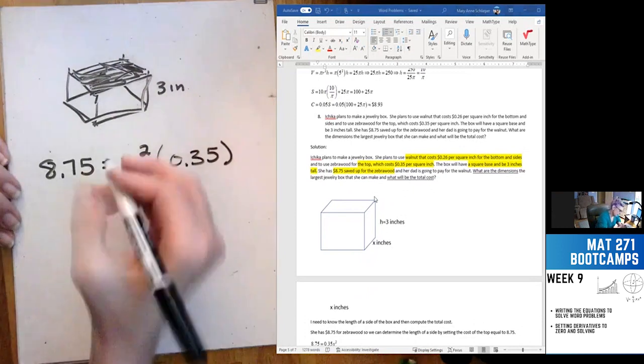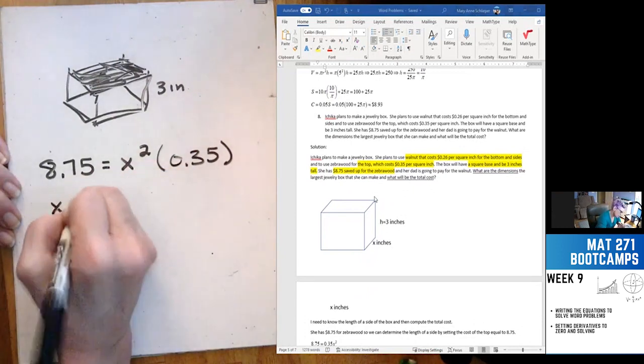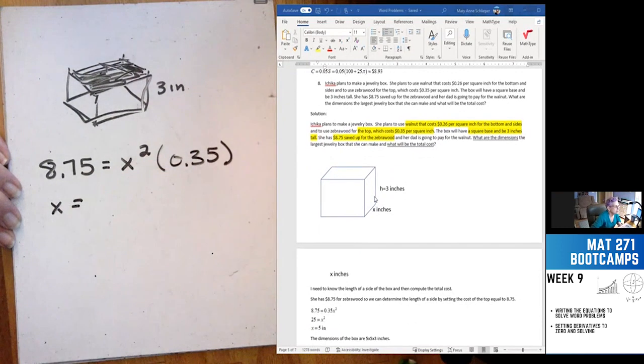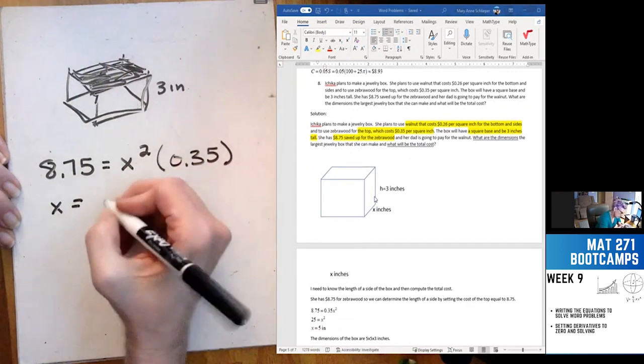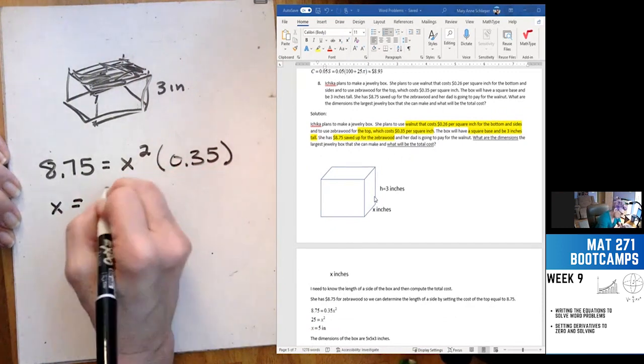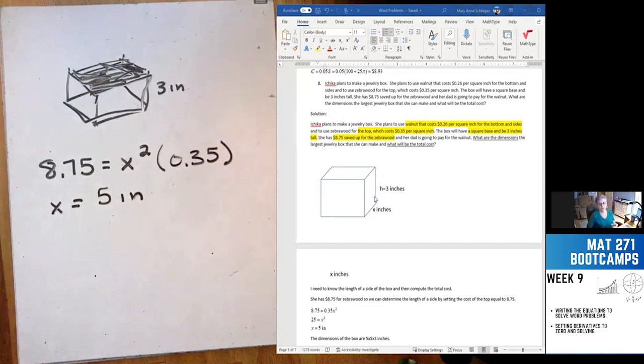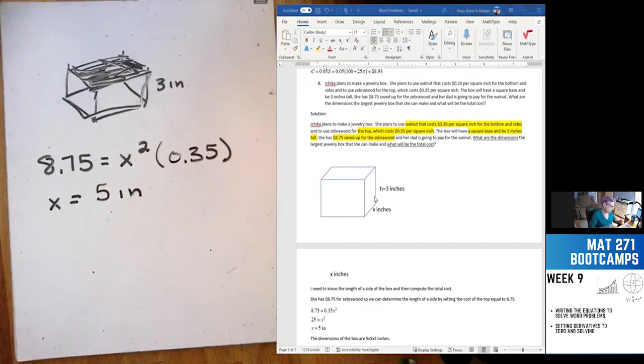So then we solve that, divide both sides. So x is equal to 5 inches. Yes, I planned it that way. So we'd get a nice friendly whole number.